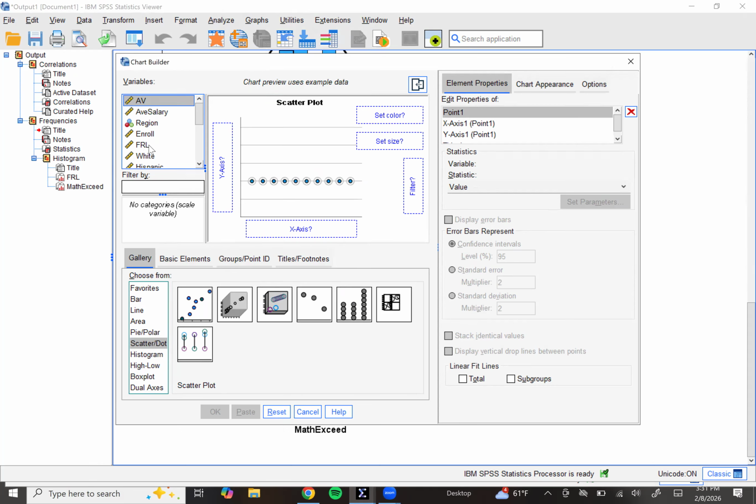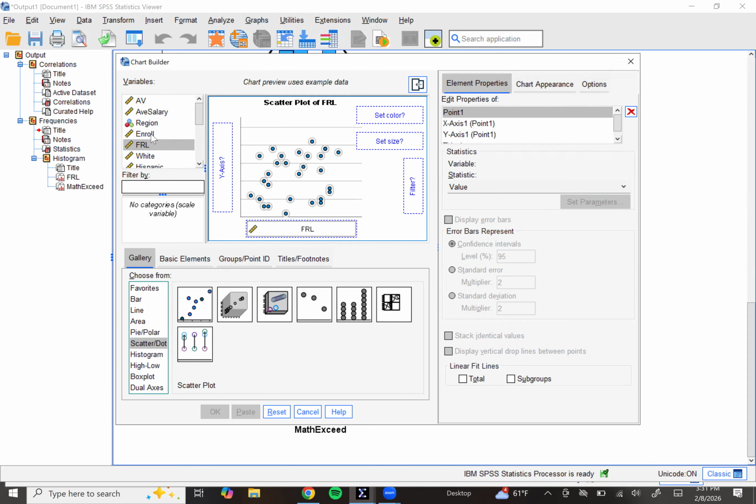Free and reduced lunch we'll put on the X axis, and we'll put the math exceeding on the Y axis. Now that we've done that, we'll click OK.